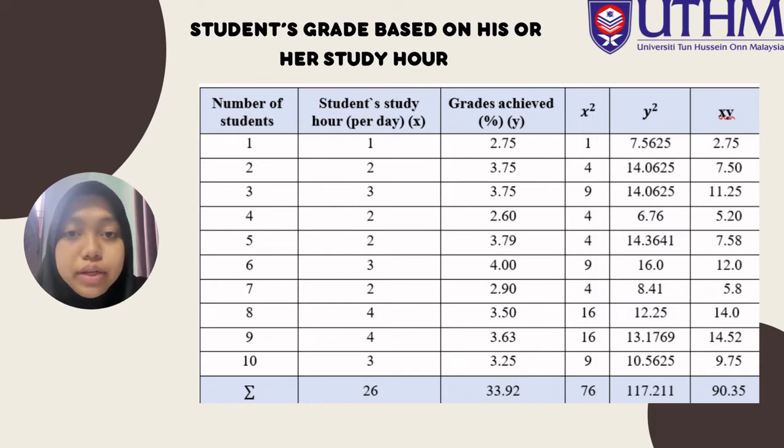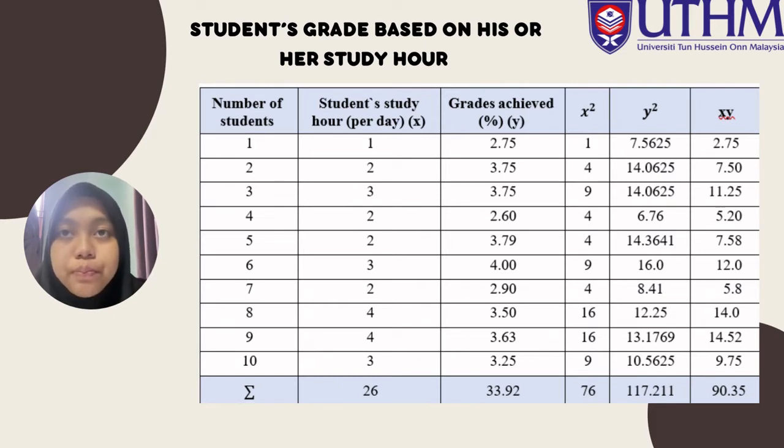Interpret the result. To interpret the result, we make the same table as at first, with columns for the number of student study hours per day, labelled as X, and grades achieved, labelled as Y. We need to add three more columns, which are X square, Y square, and XY.